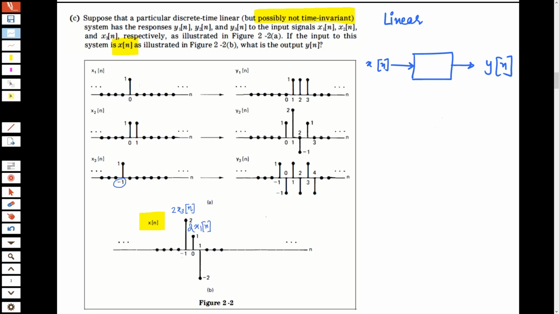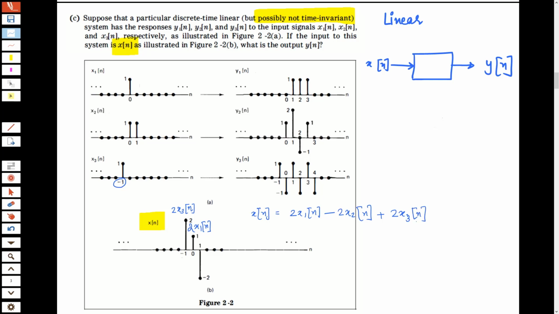What if I try to write x[n] as 2x1[n] minus 2x2[n] plus 2x3[n]?